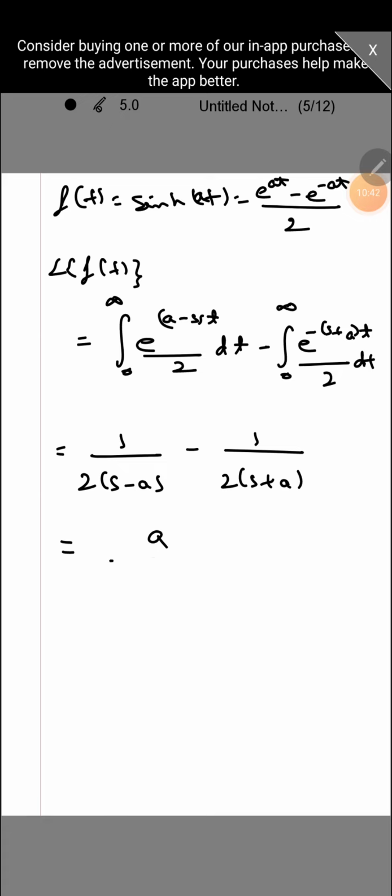So this will give you 1 over 2 times s minus a, and this will give you 1 over 2 times s plus a. So this basically gives you a over s square minus a square. Clear? Integration is quite simple.